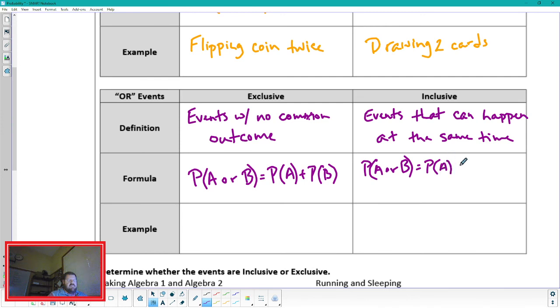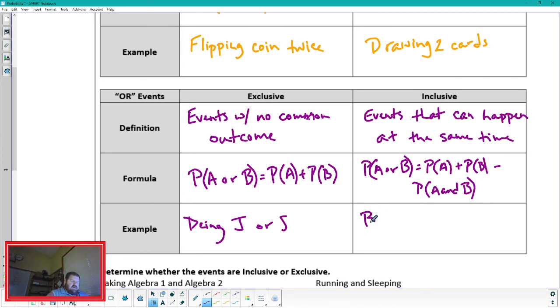We said probability of A plus probability of B, and then minus the probability of the overlap. So some examples of exclusive, we said being a junior or a senior.